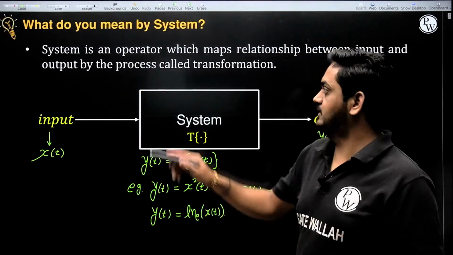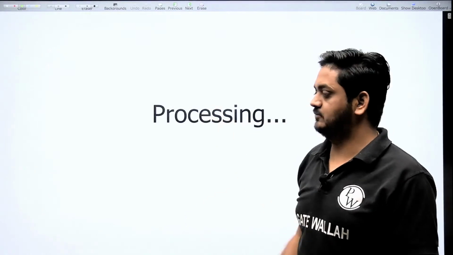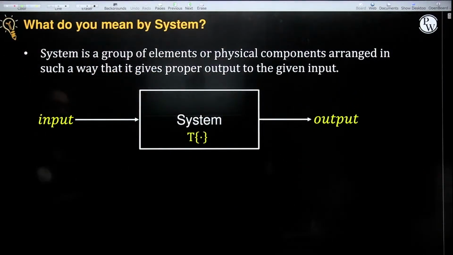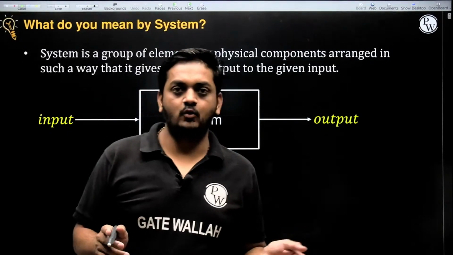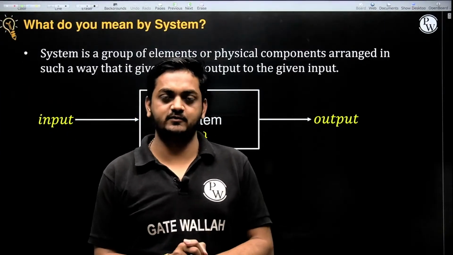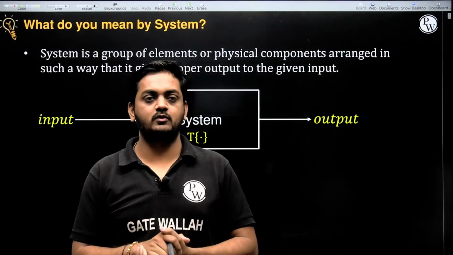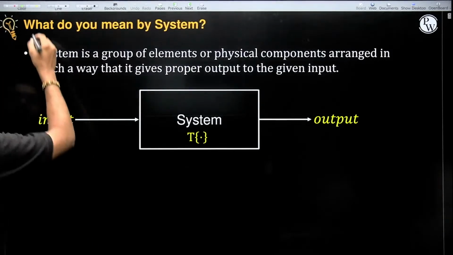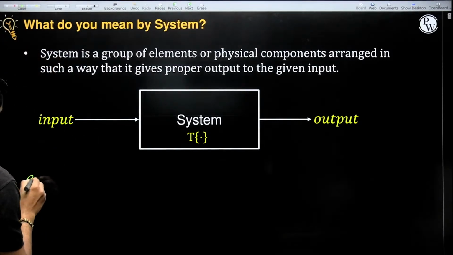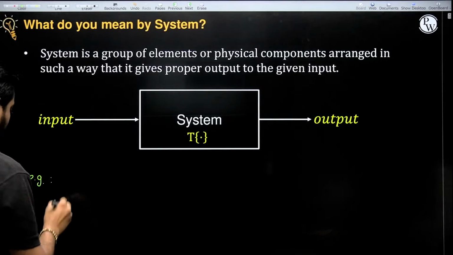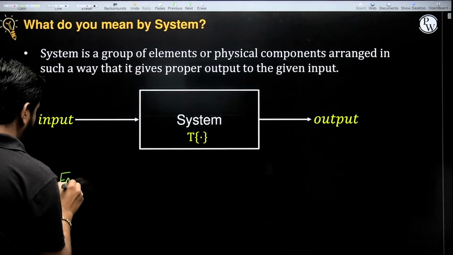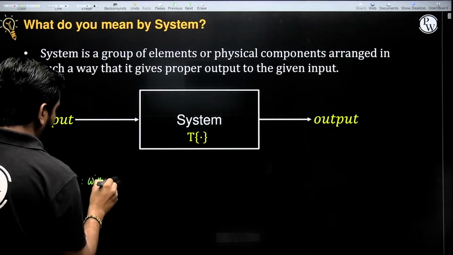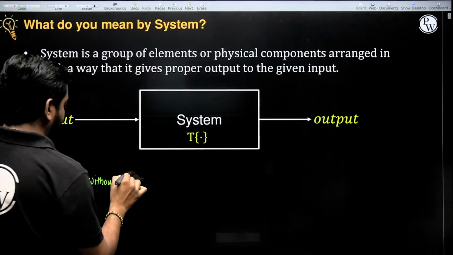Now, one more definition is there that you will study in control systems also. The second definition: a system is a group of elements or physical components arranged in such a way that it gives proper output to the given input. For example, let us take one example of a system: a ceiling fan without blades.